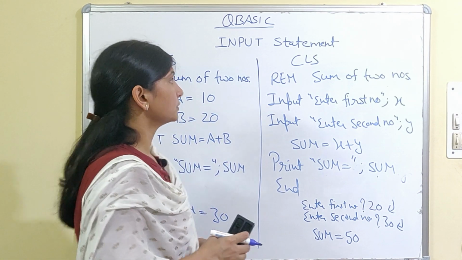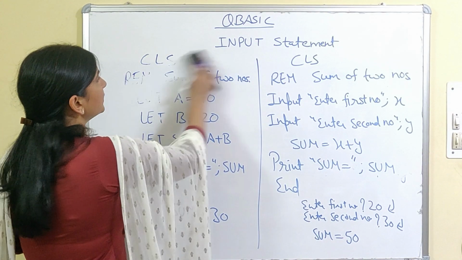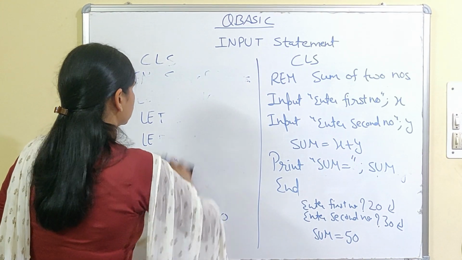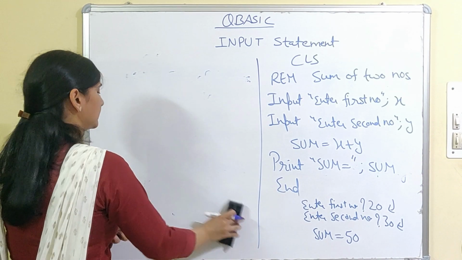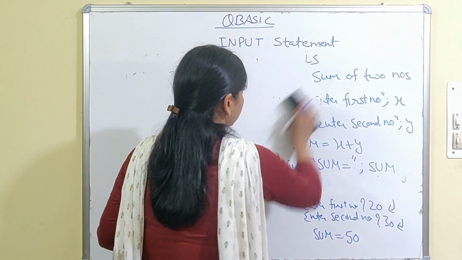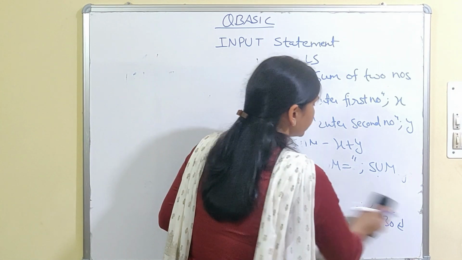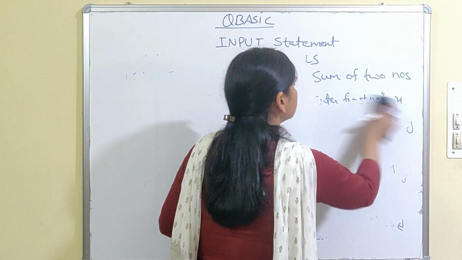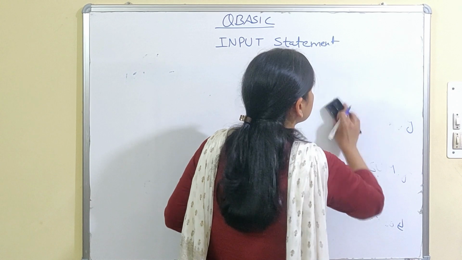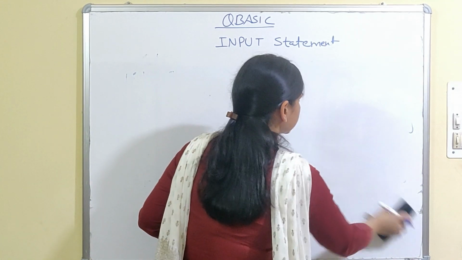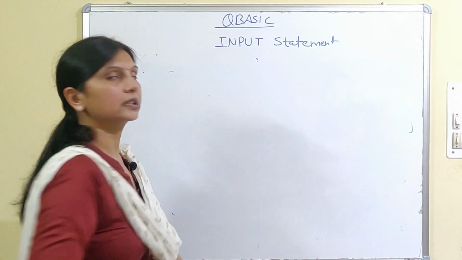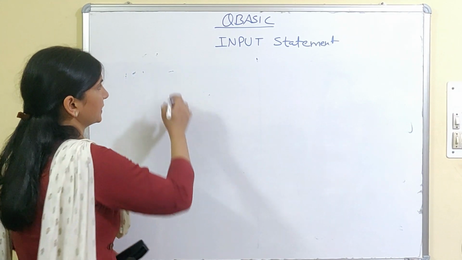Fine. Now to make it more clear, we will make few programs by using only input statement. With let statement we have already made so many programs. So I am taking one of the programs from the let, but that program we will do now with input statement.